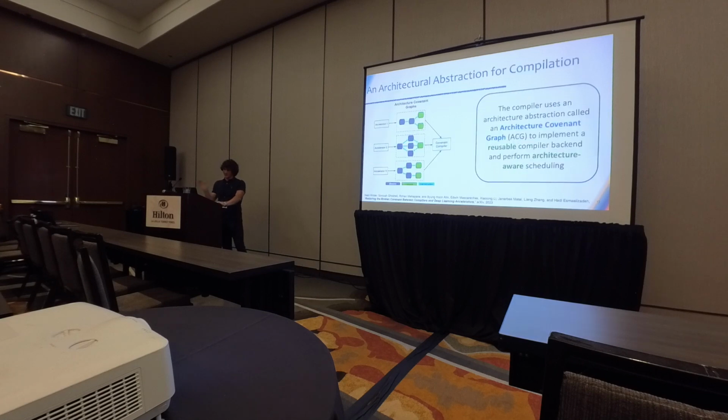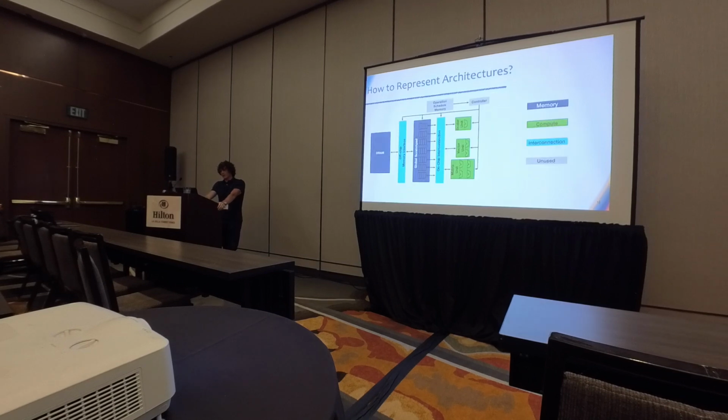In terms of the lower level side of things, the architectural abstraction, we use what we call an architecture covenant graph, which is a directed graph that represents the architectural topology. Our compiler backend uses that to do architecture scheduling.